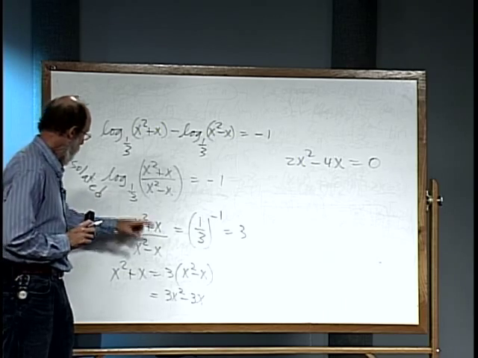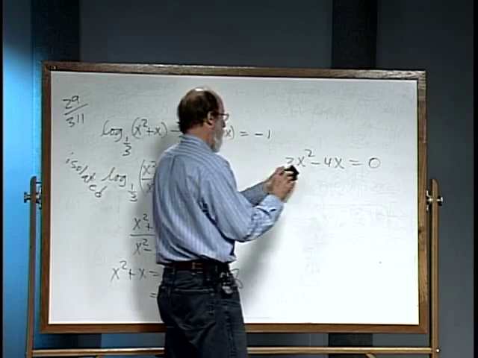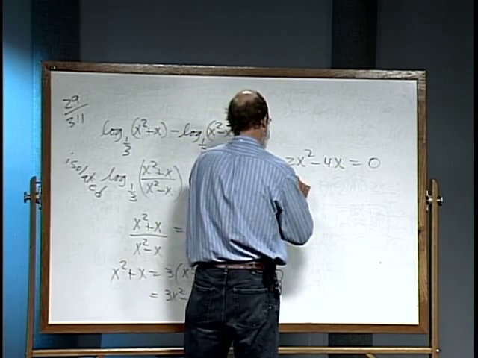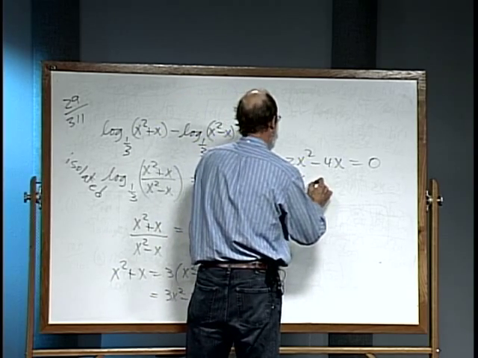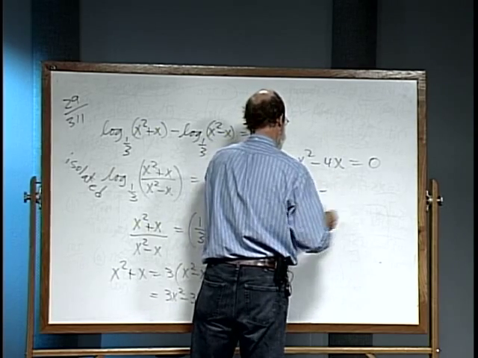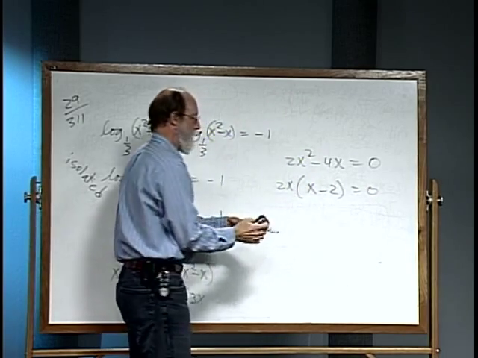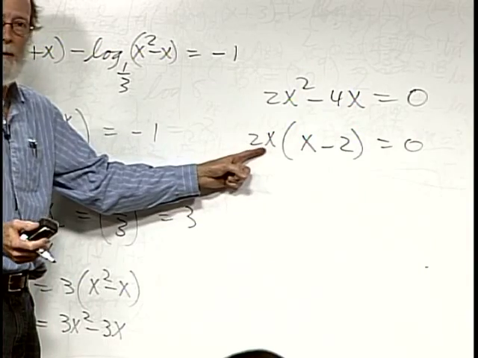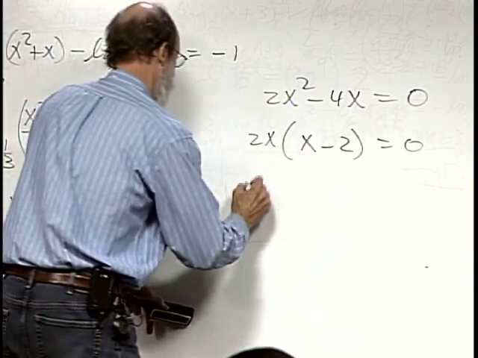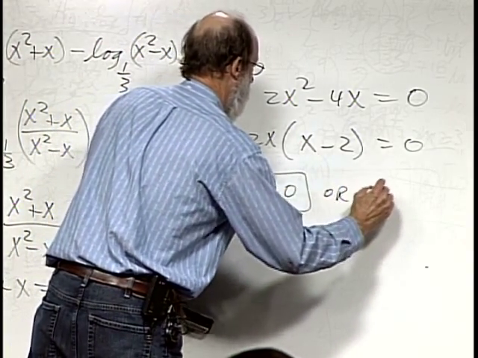So just follow the algebra right on through. We get it down to this. Now at this point, a common 2x comes out, and we're left with x minus 2, equals 0. And what answers do we get by our zero product rule? x equals 0, or x equals 2.